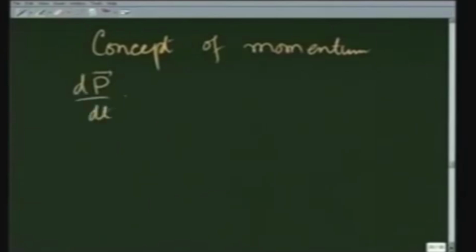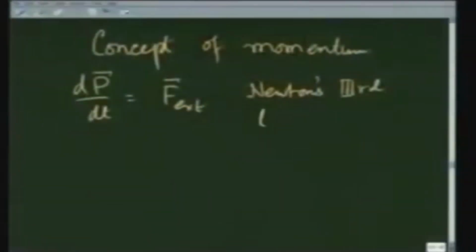So, what we have seen so far is that we have introduced the concept of momentum. We have seen that the momentum satisfies the equation dp/dt equal to F external only, irrespective of what the nature of force between the particles in a many particle system is.